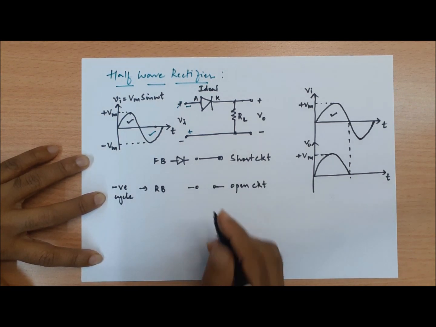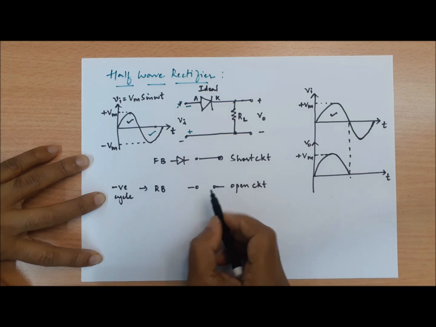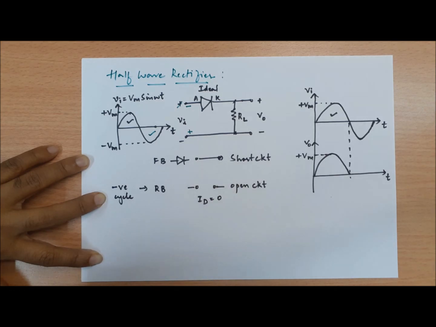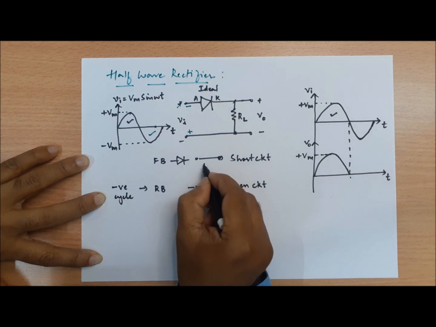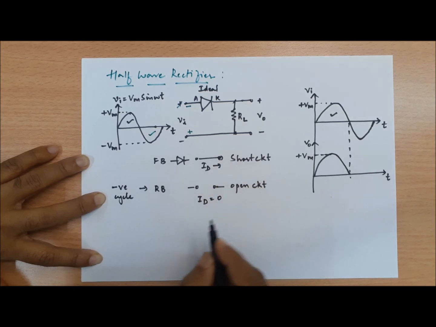We know that whenever there is an open circuit, no current flows, which means the diode current will be 0, whereas in the previous case, the diode current flows.